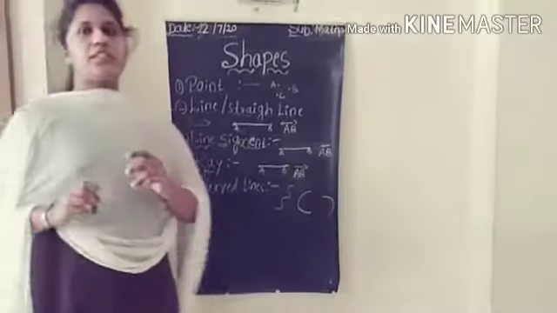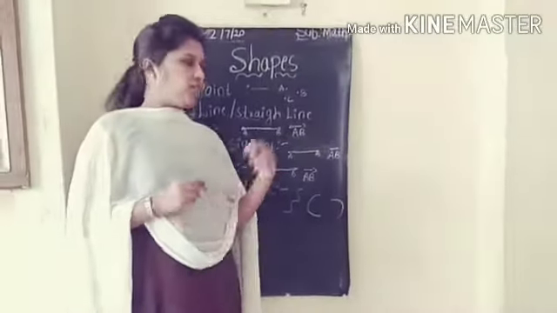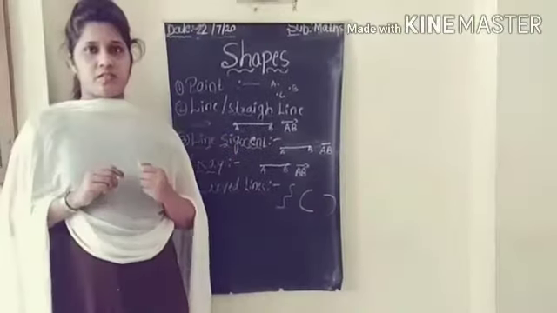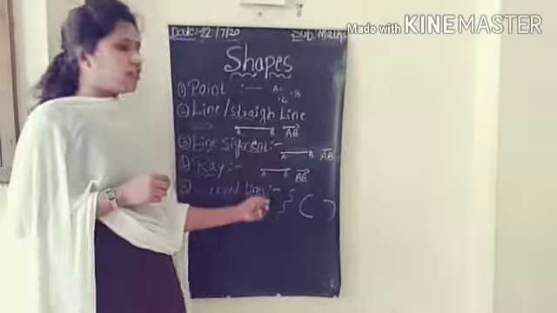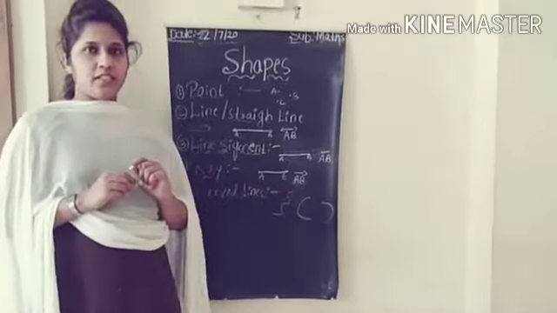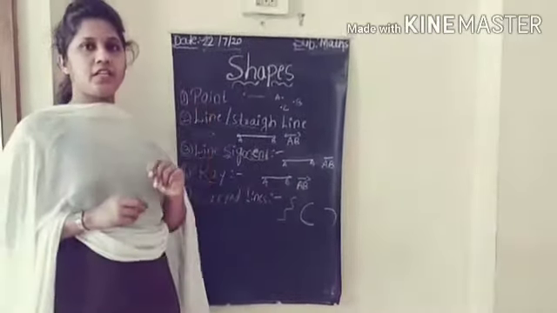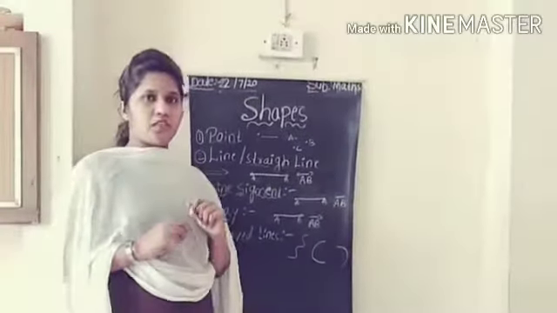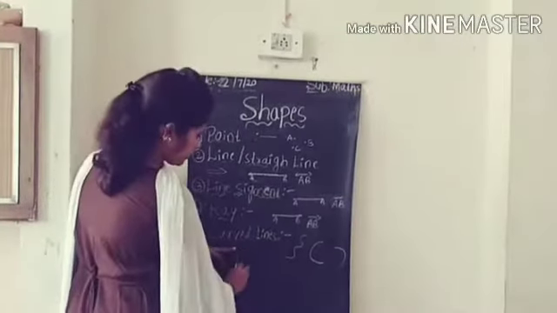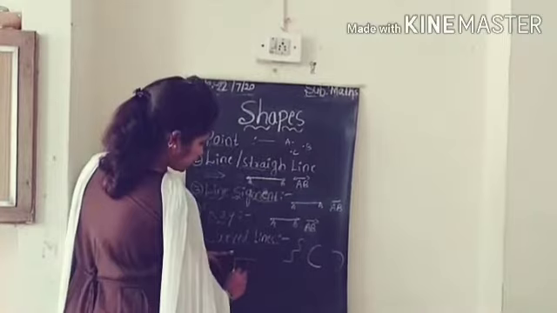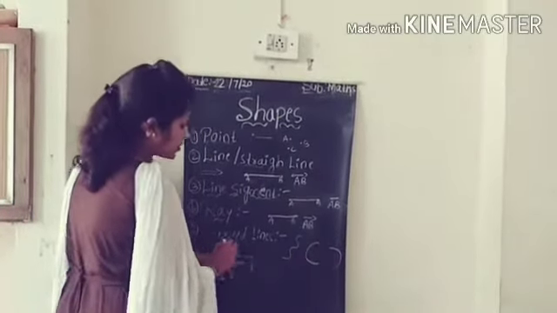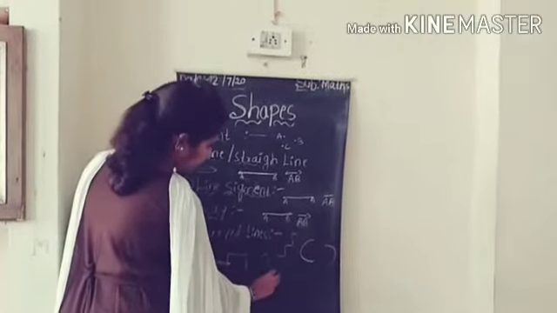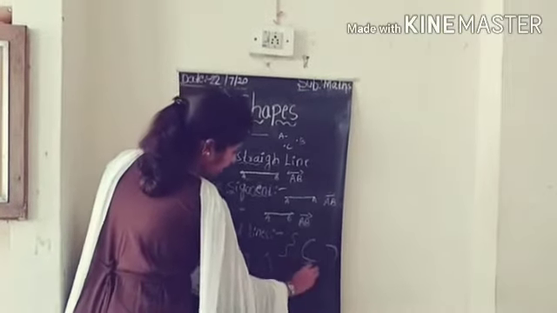Okay. Dear students, in this class we will discuss how to draw shapes and figures using straight lines and curved lines. Using straight lines we can draw geometrical shapes, for example, square, triangle, rectangle.